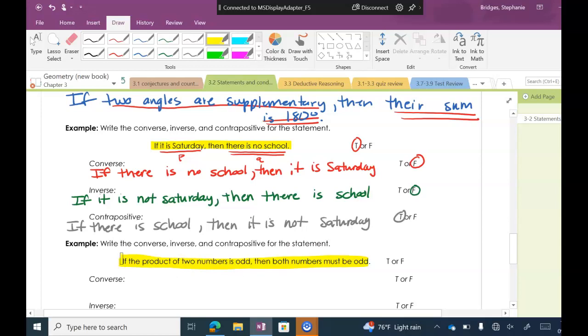I want you to take a minute and write the converse, the inverse, and the contrapositive. So we should be writing the converse, which switches the hypothesis and the conclusion, the inverse, which negates the hypothesis and the conclusion, and the contrapositive, which switches and negates.